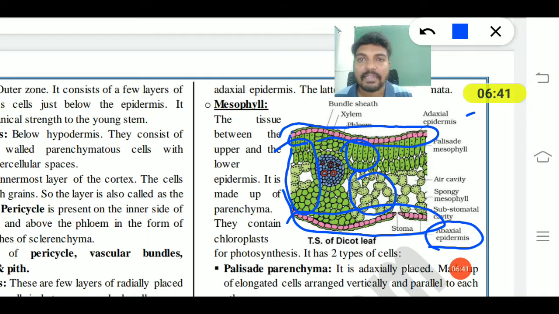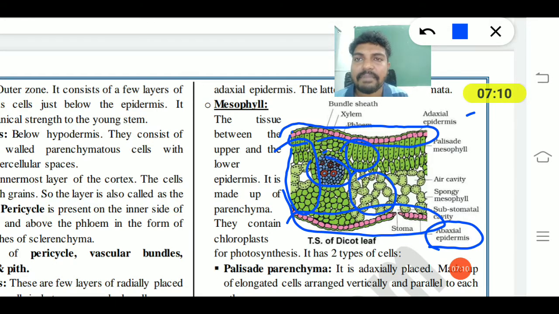Palisade mesophyll cells are found just below the upper epidermis in one or two rows, and below them are the spongy mesophyll cells. They are oval or round shaped, contain chloroplasts, and are actively involved in photosynthesis. Got it? And here the vascular bundles consist of xylem and phloem.